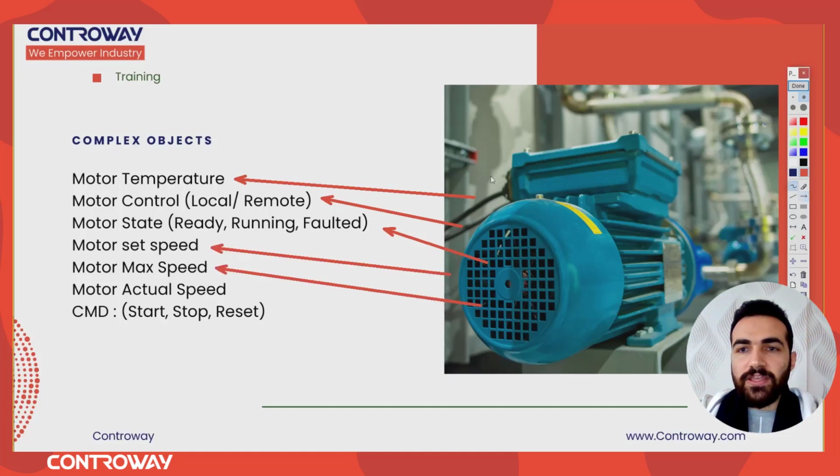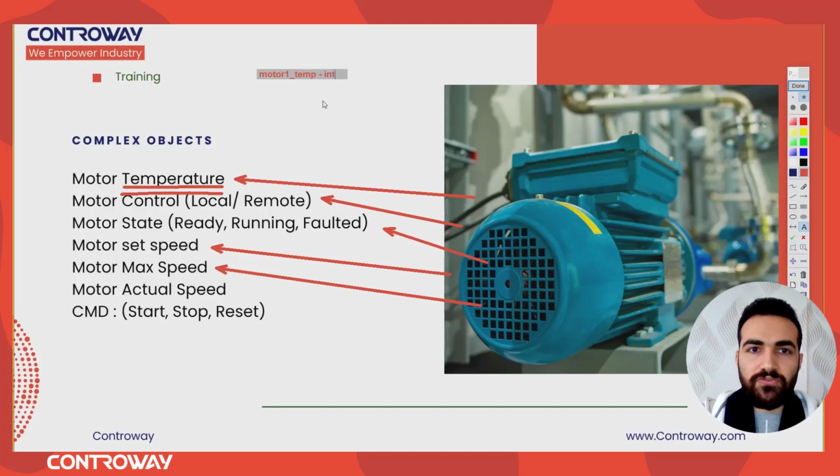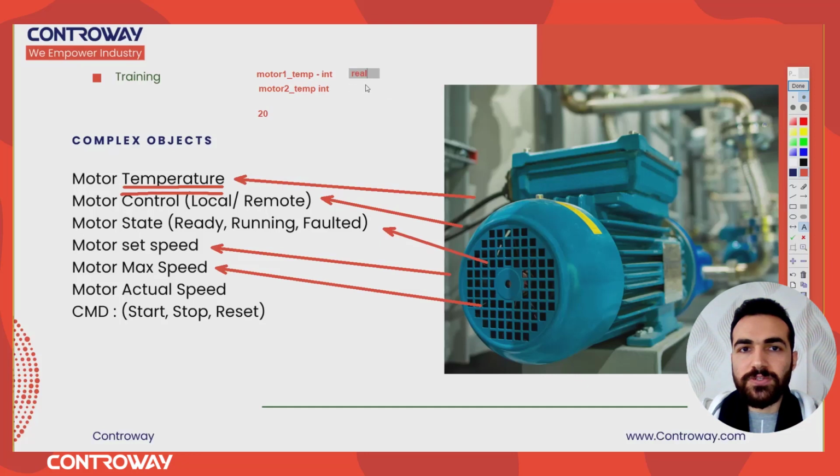The question is, if I define this value like temperature as an integer value for motor 1, and I have 20 motors, motor 2, and so on, around 20 or 30 motors, I should update it 20 times if I want to convert this integer to real.